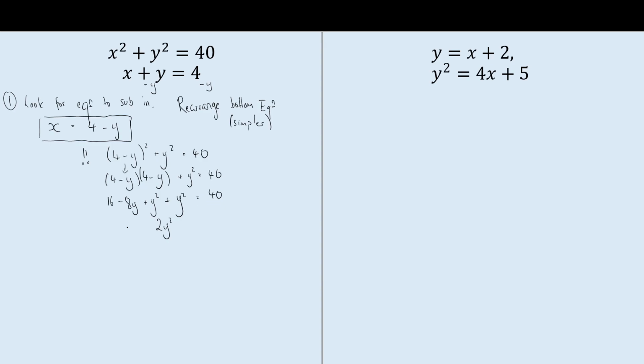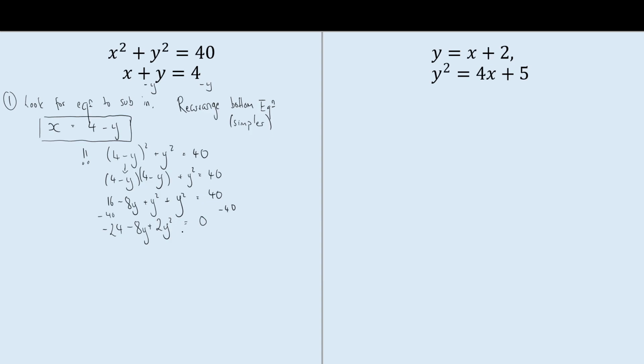We've got no other y, so we're keeping our negative 8y. I've got 16 over here and 40 over there. Now I want to make it so this thing equals 0. So what I'm going to have to do here is take away 40 from both sides. So 16 take away 40 gives us negative 24. So there is our quadratic.